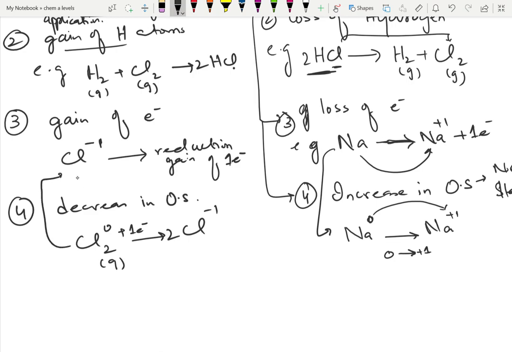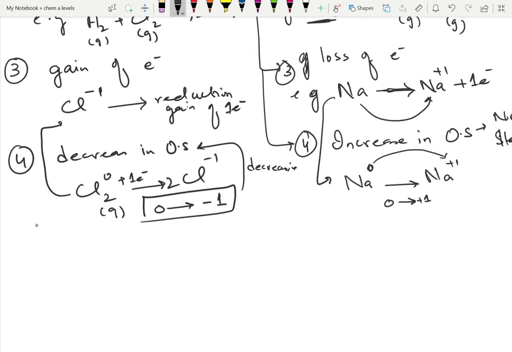This is the transition from 0 to -1 in oxidation state, and as the oxidation state is decreasing, we call it reduction.